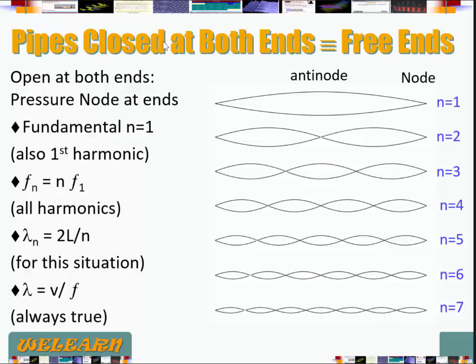Actually, it's supposed to say pipe open at both ends here. I'm sorry about that. Now, here we have pressure nodes. If I drew the displacement, it would be at the open ends, it would be displacement antinodes.